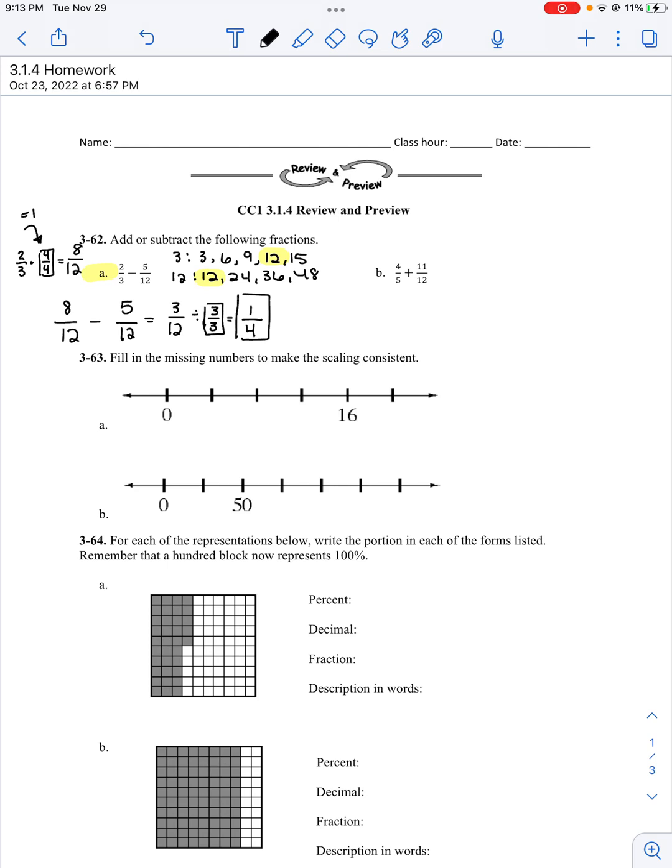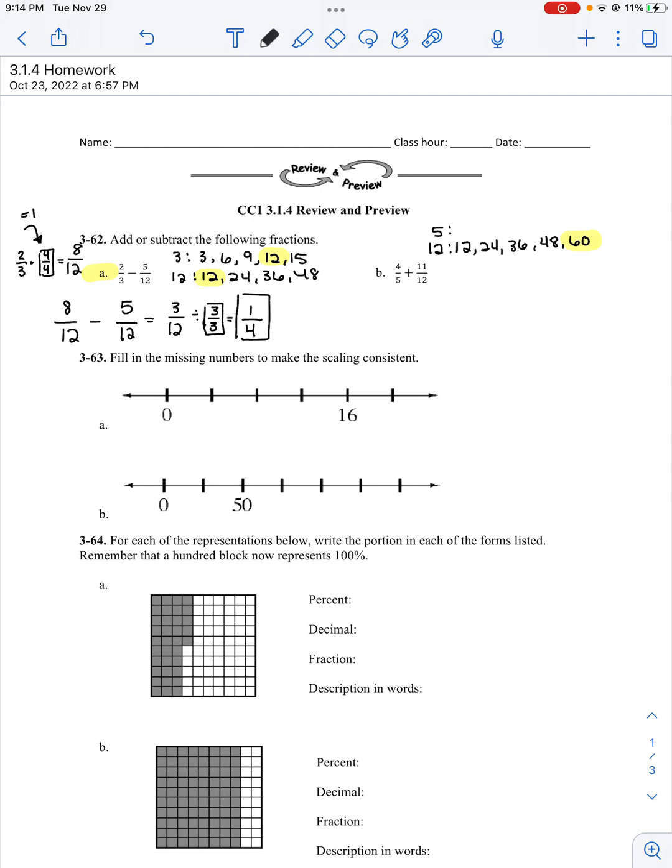For part B, I'm going to do the same thing. I have 5 and 12. And in this case, I'm going to start with my 12s because it's the bigger number and I know how to count by 5s. So I have 12, 24, 36, 48, 60. Well, what I know is that 60 is the only number so far that ends with a 0.